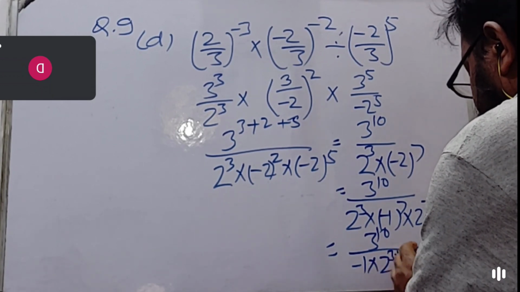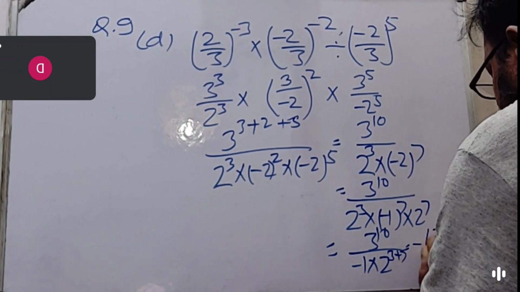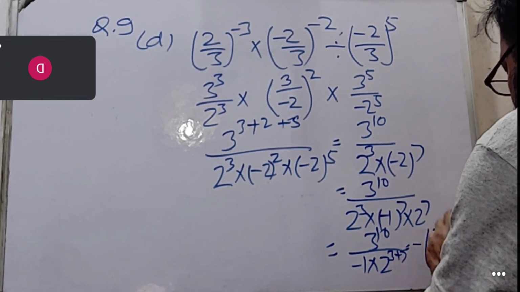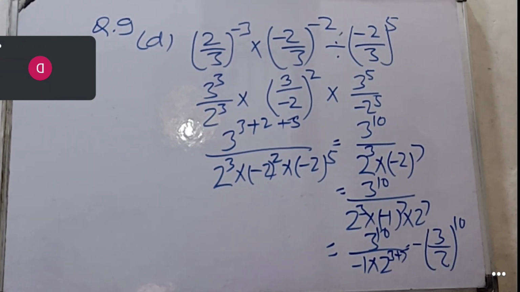So it becomes minus 3 upon 2 whole raised to the power 10. It will be like this. Ready? This minus will come out and the others will get the same power. Ready?